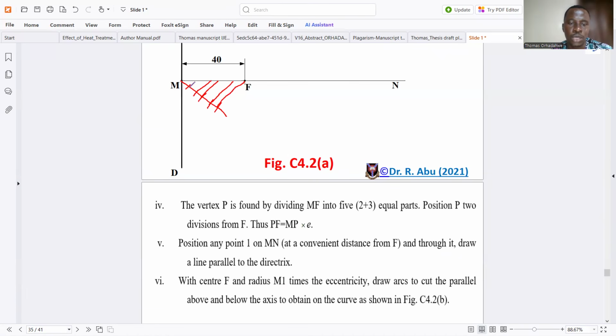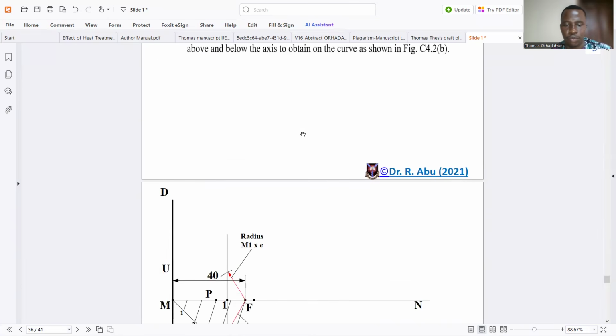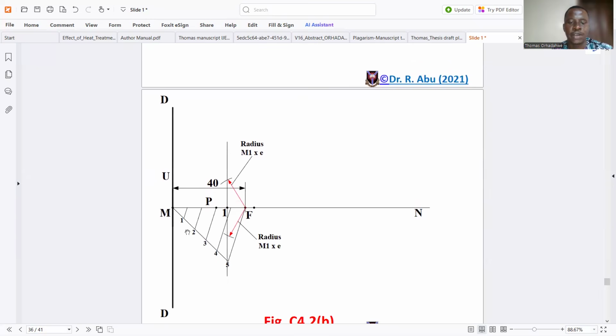So we're told that the eccentricity is 2/3. So in other words, P is 2 points away from F. So this is 1, this is 2. So this is where you have your P.